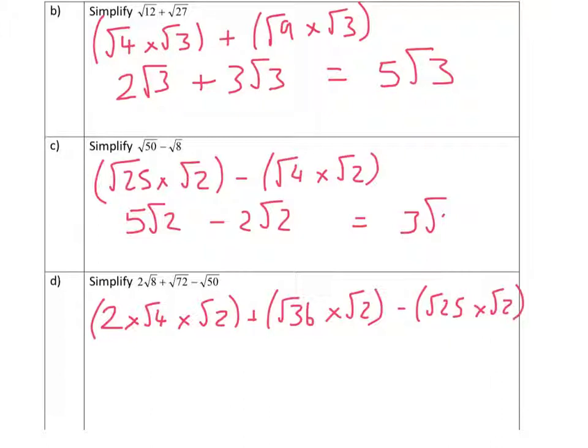Now simplifying each of these, root 4 is 2, so the first term becomes 4 root 2 plus 6 root 2 minus 5 root 2. And because each surd has the same base number, we can simplify this easily to 5 root 2.